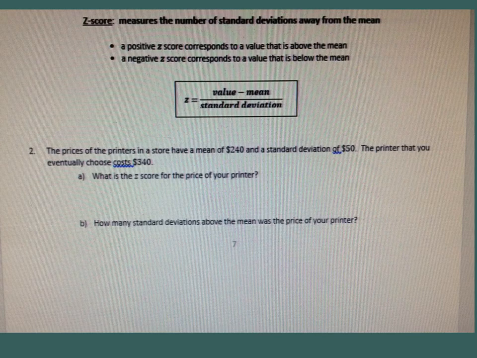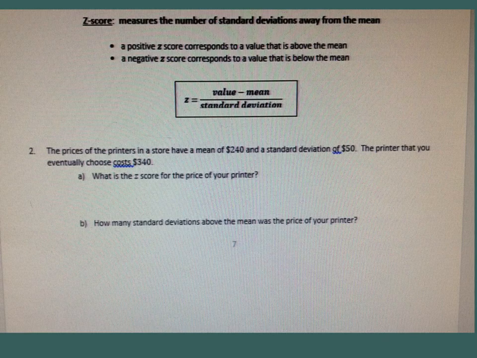Okay, so this is really what I want to get at through this video, z-scores. Now, we talked about in class what a normal distribution is and how approximately 68% of the scores are within one standard deviation of the mean, and approximately 95% of the scores are within 2 standard deviations of the mean.